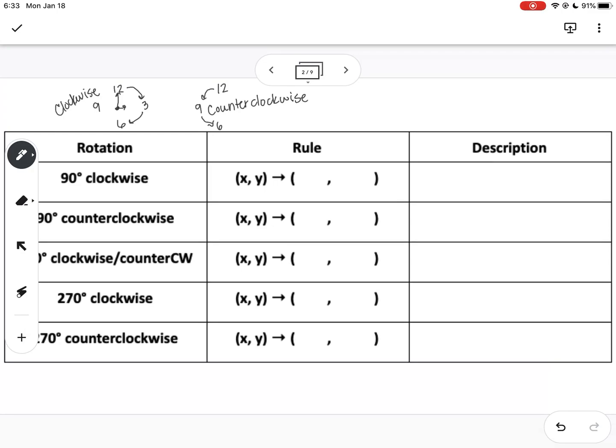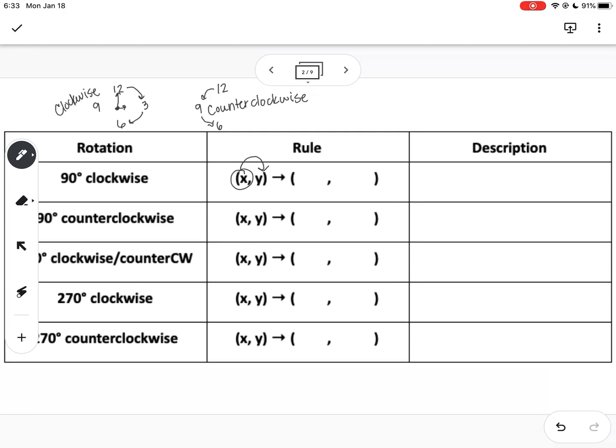When we're thinking about clockwise and counterclockwise, think about which direction the points are moving, going from the pre-image to the image. When you are moving 90 degrees clockwise, it rotates to the right. I like to draw this arrow above it, and 90 degrees clockwise is going to grab this x value and move it to the back.